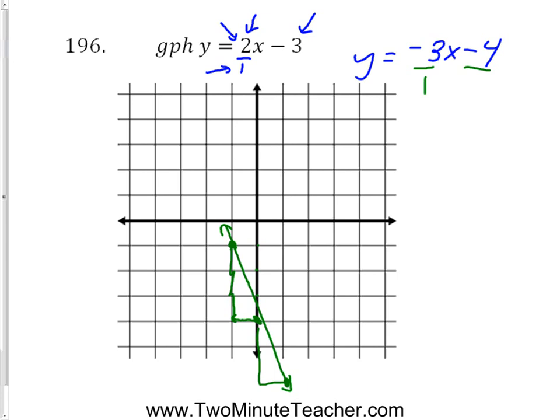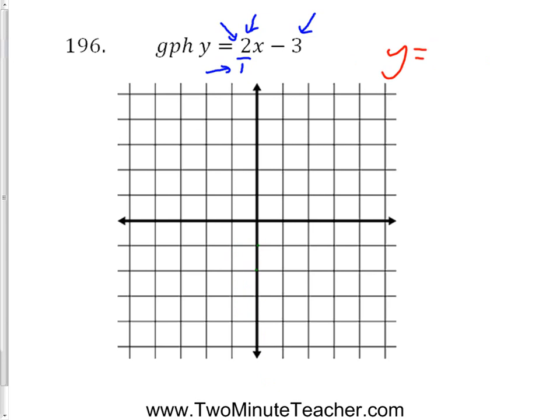I'll do one more just to make sure you totally get this. Let's say I had y equals negative 1/2 x plus 2. Well, I start at 2, okay, which is the y-intercept of 2 is right there. And negative 1/2 x means fall 1 and run 2.